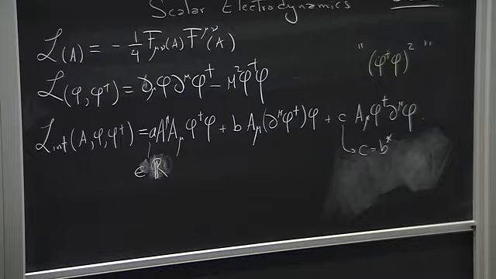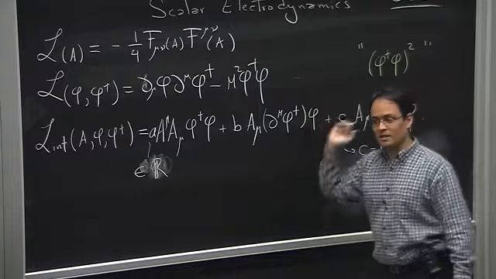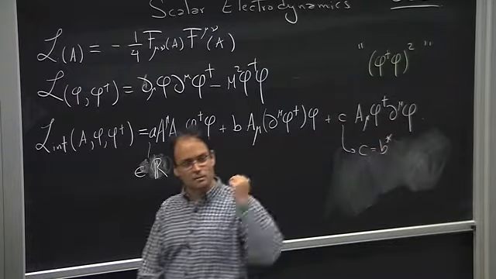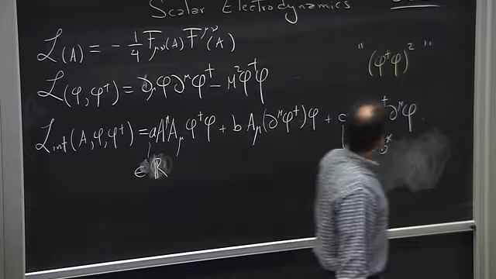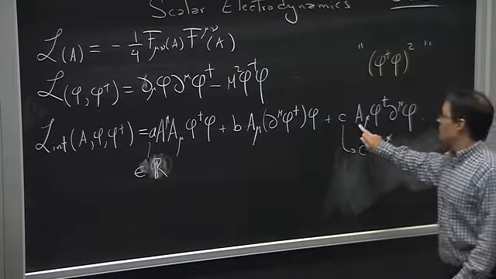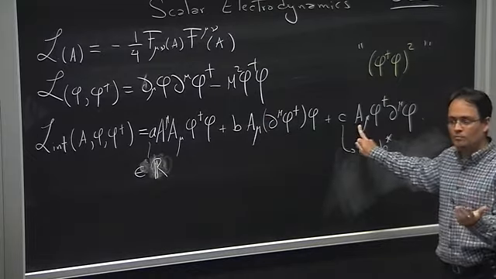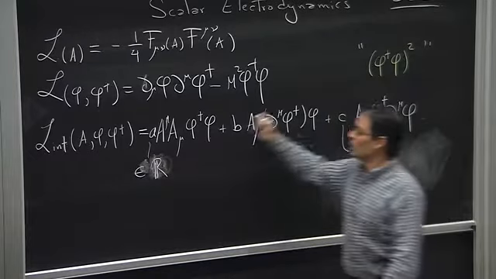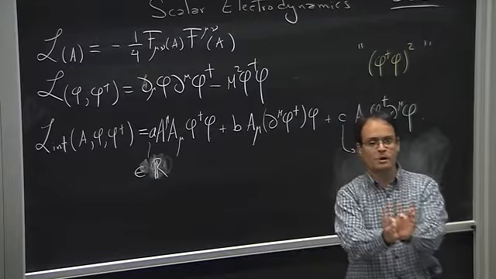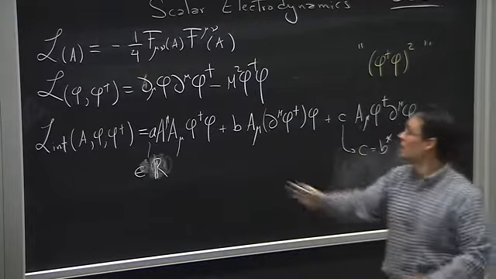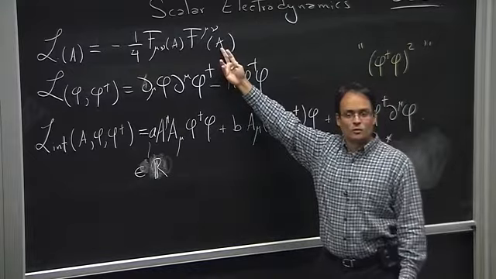Now, we want this thing to actually describe the interaction of massless particles of helicity plus minus 1 with a scalar field of mass m. Now, the best that we know how to do with Lagrangians is to describe massless particles of helicity plus minus 1 with a vector field.